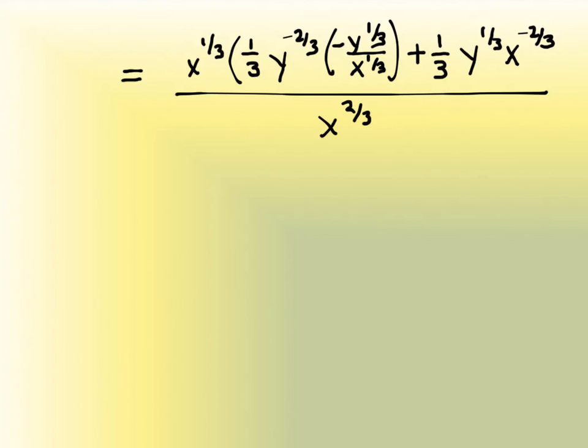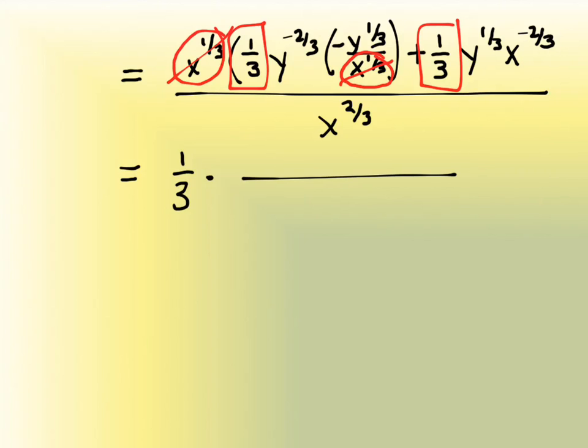Are all my pieces in there okay? I know they're messy, but notice this x to the 1/3 and this x to the 1/3. One's the numerator, one's the denominator. These are going to cancel. That's friendly. You might also notice that there is a 1/3 in each of my terms. So I'm going to pull that 1/3 to the front for simplicity.